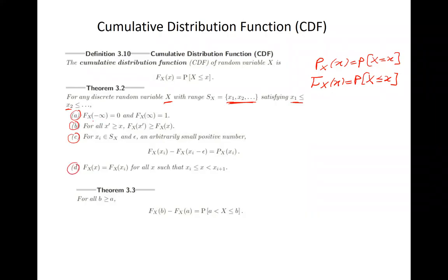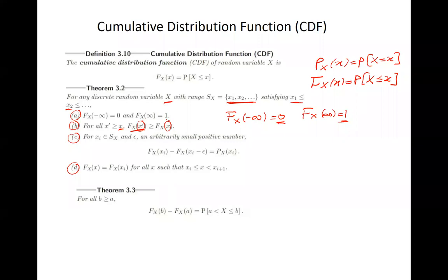The first one: the CDF at minus infinity is 0, and the CDF at plus infinity is 1. So the CDF is a function between 0 and 1. It starts from 0 and increases to 1. For any x prime greater than x, the CDF at x prime is greater than or equal to the CDF at x.